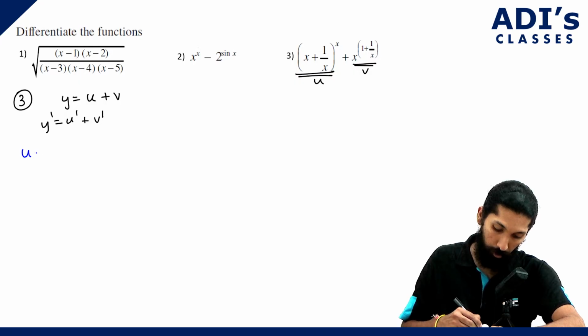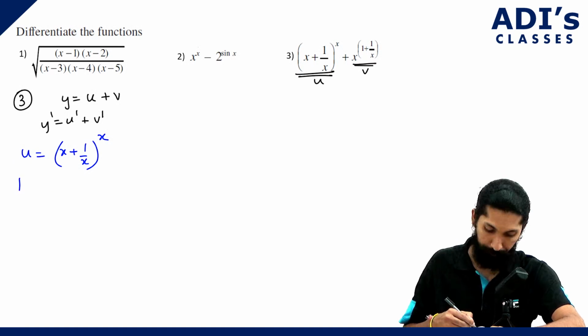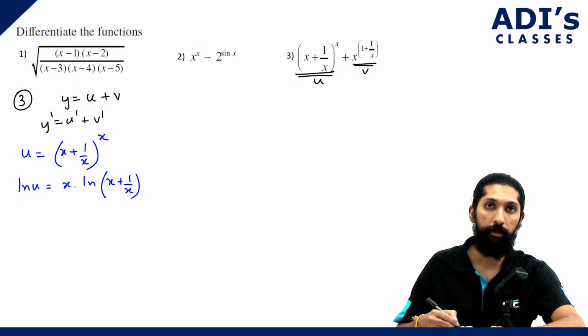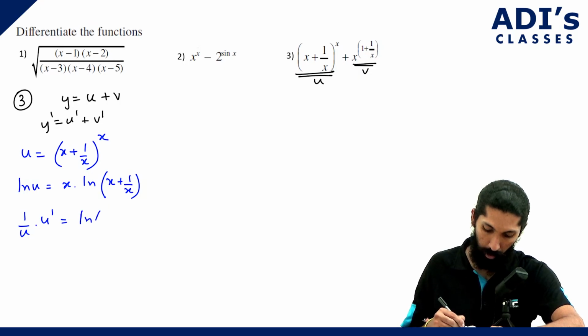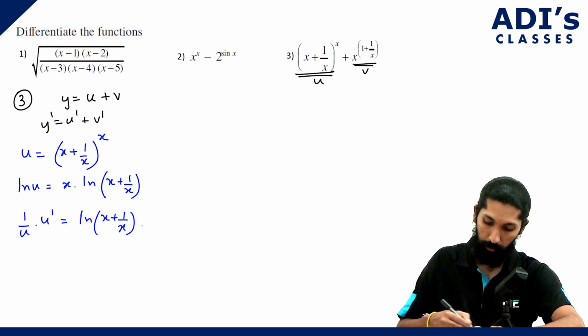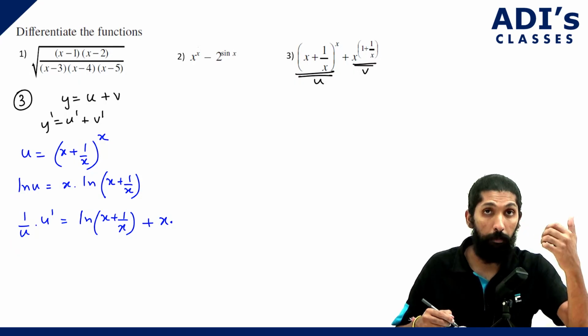u is equal to x plus 1 by x whole power x. Right? Log u is x into log of x plus 1 by x. Right? So 1 by u into u dash is equal to log of x plus 1 by x, one thing, plus x into, here you have to apply the chain rule, correct?